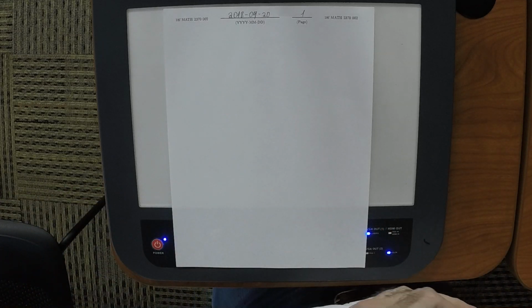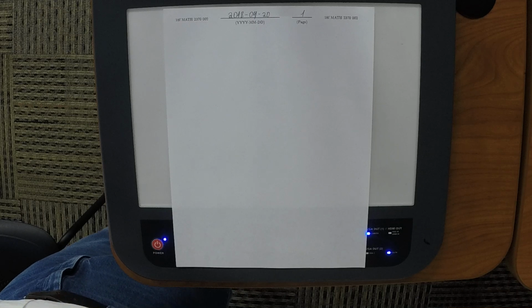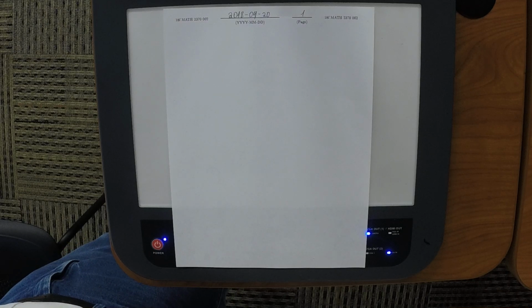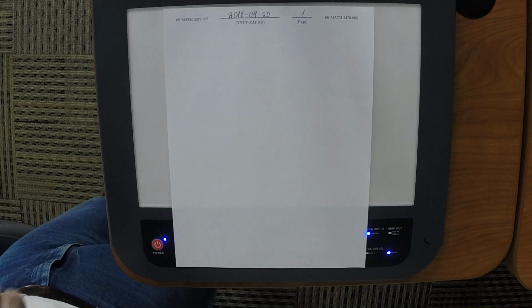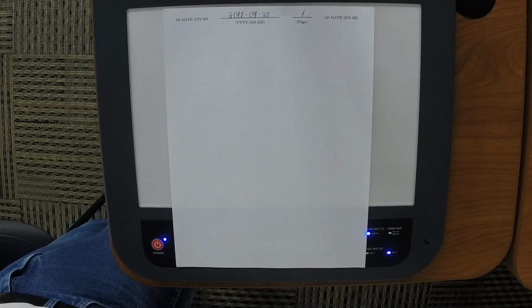But the claim that we were making last time is that if you wanted to find the 100th Fibonacci number, on the one hand you could do it the human way and take basically 100 steps to say, I know the first pair and I can find the next pair and the next pair and the next pair, and just march down the line one at a time with 100 steps.